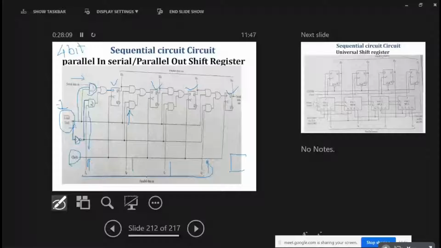To input the information in parallel, the load value should be 0.